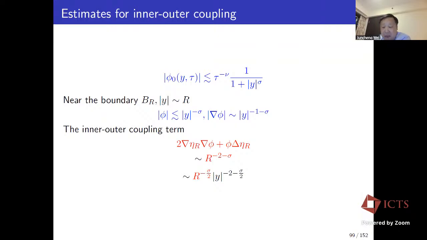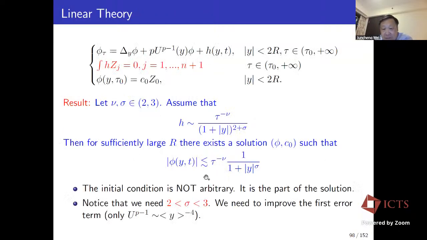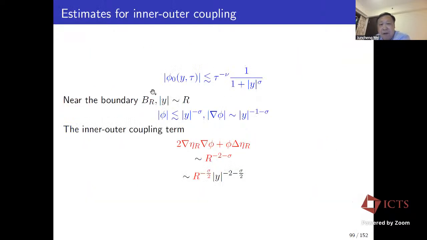Okay, now once we have this, suppose we get an inner solution which decays like 1 over y to the sigma, then near the boundary, our y will be like r. So phi is y to the minus sigma. Gradient phi will be y to the minus 1 minus sigma.